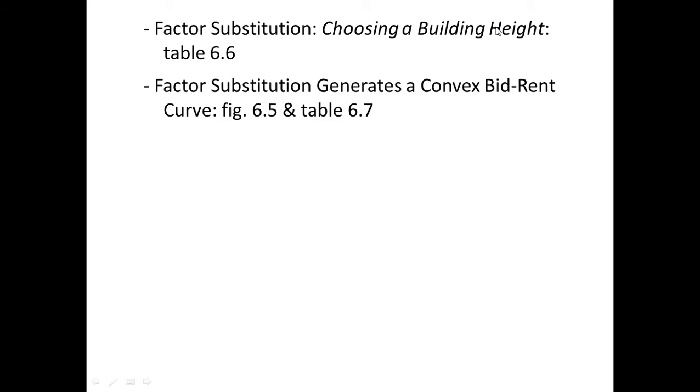The other one, factor substitution generates a convex bid rent curve. What does it look like? You can see figure 6.5, and you can use table 6.7 to explain that factor substitution generates a convex bid rent curve.